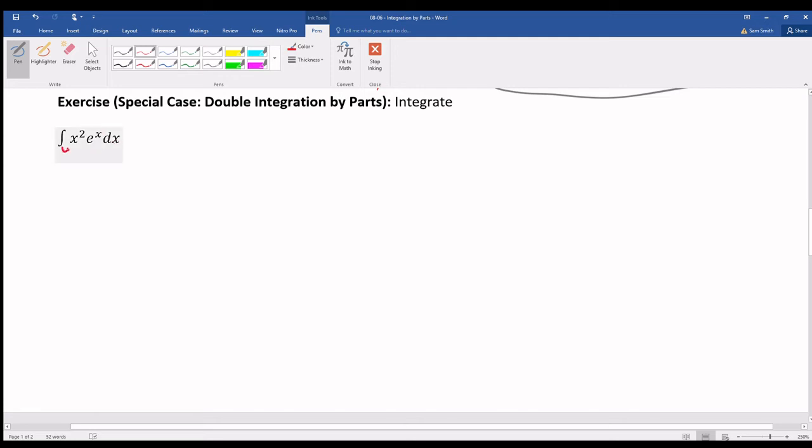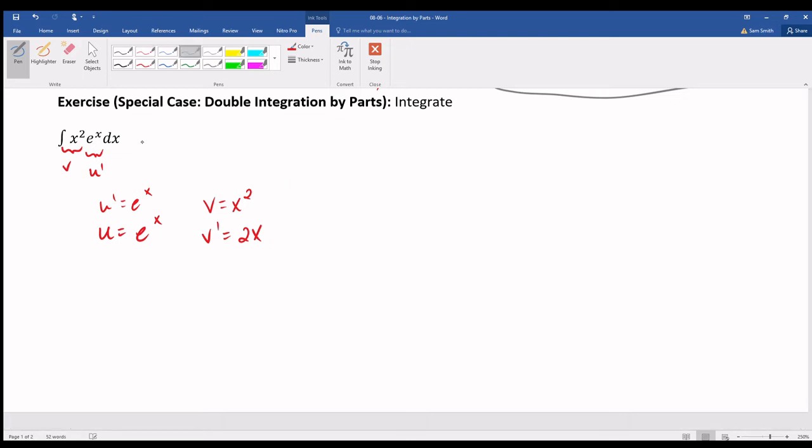So let me call x squared v, and let me call e to the x u prime. If u prime is e to the x, then in reverse u must still be e to the x. And if v is equal to x squared, then v prime must be 2x.